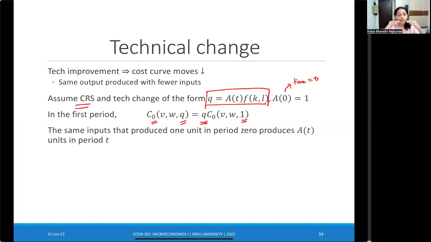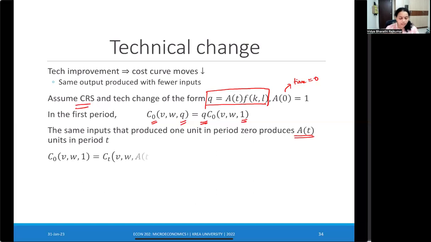You could produce the same output using fewer inputs, or by using the same inputs, you can actually produce more output. So when technical change is happening, whatever input mix gave me 1 unit of output in period 0 is now going to give me more output in time period t. More specifically, it's going to give me an output that is larger by a factor of A(t).